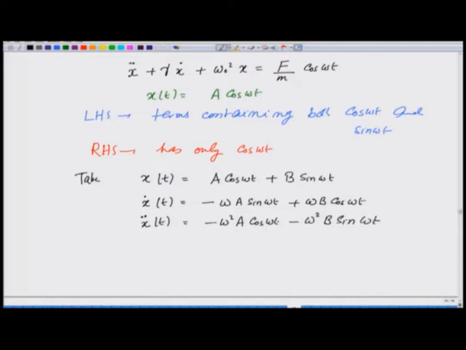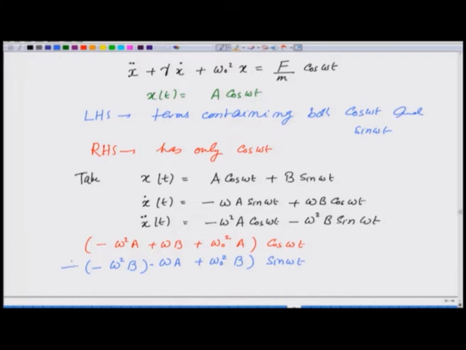And when we substitute that in the equation, I am going to get minus omega square a plus omega b plus omega 0 square a cosine of omega t, and for the sin omega t terms I am going to get minus omega square b minus omega a plus omega naught square b sin of omega t.